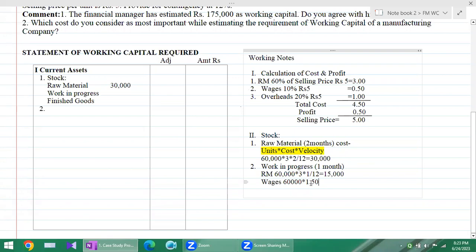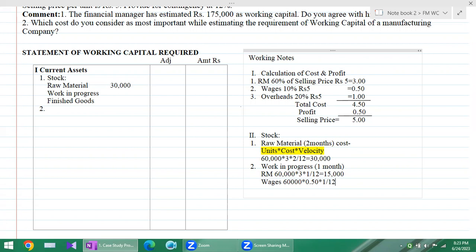Otherwise, you can even split. Let me take this, otherwise you will get the confusion. Rupees 0.50. I'll split it up. Wages into 1 divided by 12. Separately, I'm showing you, you should not confuse, that 60,000 number of units multiplied by 50 paisa, and into 1 divided by 12, or directly you can take it as divided by 12.